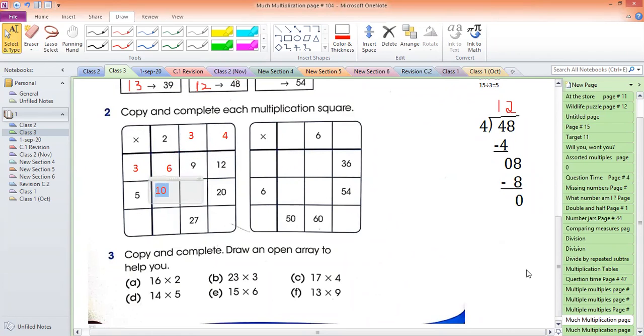Now for this number, you multiply this 5 by 3. 5 multiplied by 3 equals 15, so you will write here 15. And now check, if you multiply this 5 by this 4, that will be equal to 20.